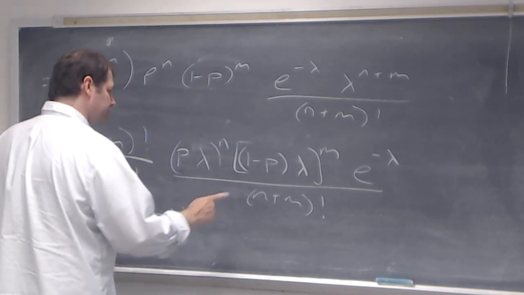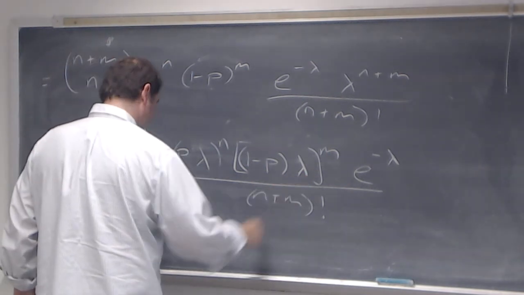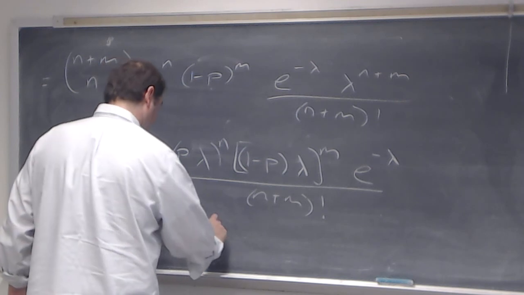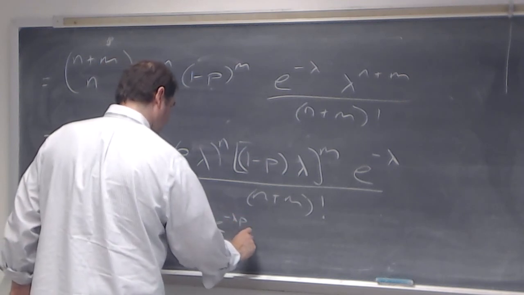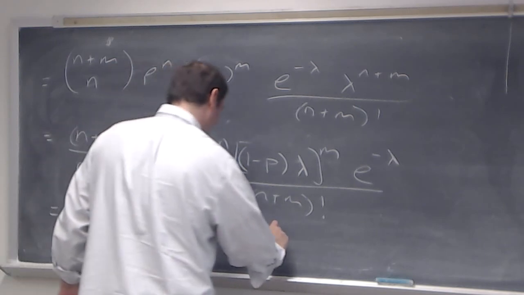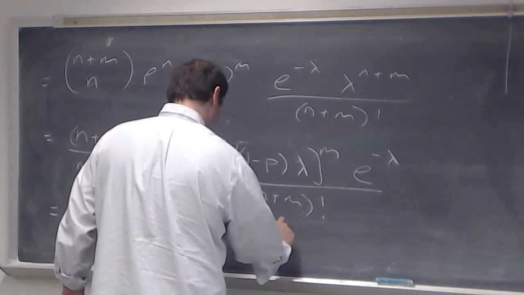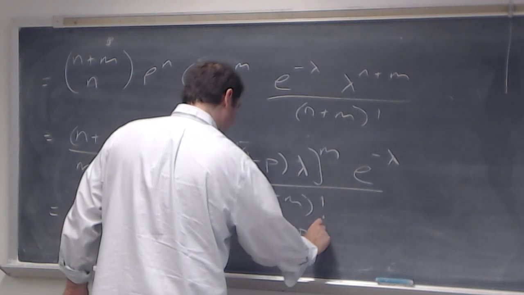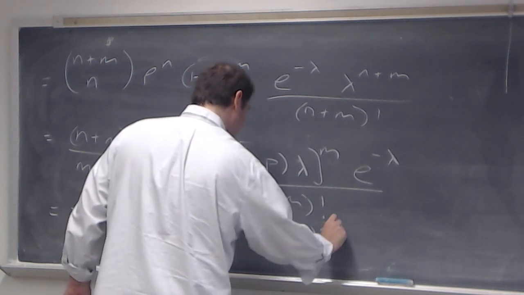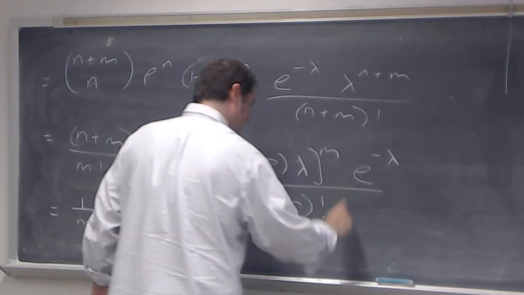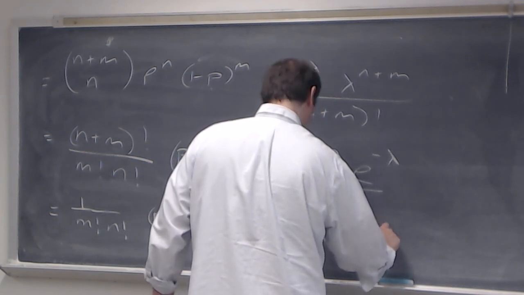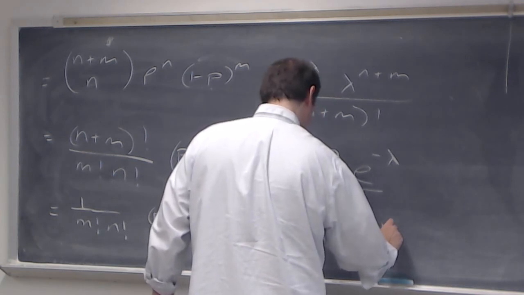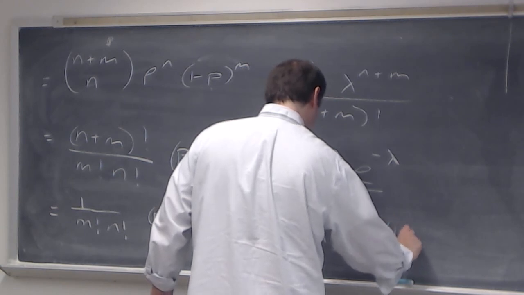And what I'm going to do is rewrite this e to the minus lambda as e to the minus lambda p. Okay, that's that part. And then I'm going to have 1 minus p times lambda raised to the m, and then here I'm going to have e to the minus lambda times 1 minus p.